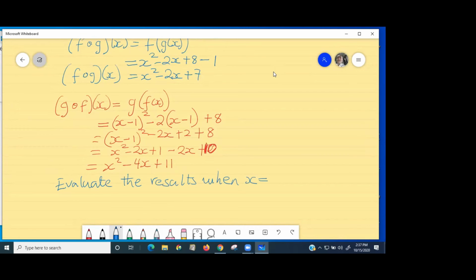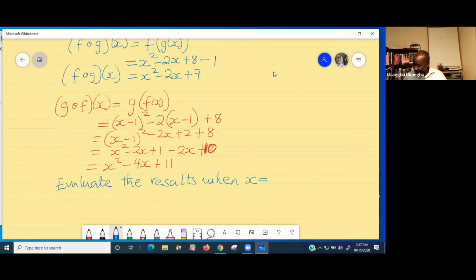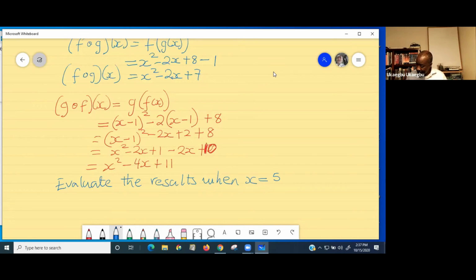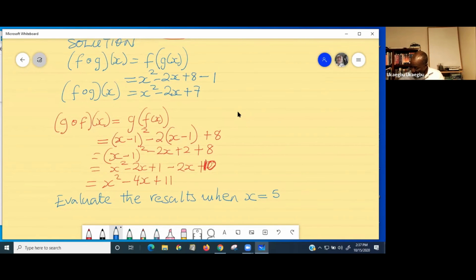You just bring small numbers so that we can do it mentally. 2. Oh, 5. You can do 2, you can do 5, you can even do 0, you can do 4. It doesn't really matter. Let's do 5. Okay. So if X is 5, all we do is we fill in 5 here, and then we fill in 5 here.